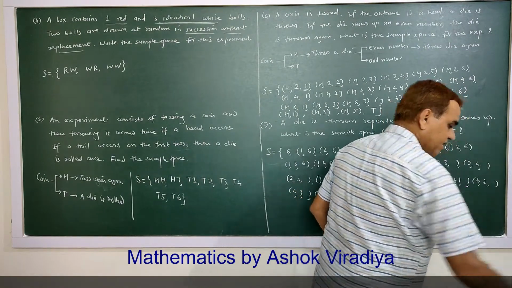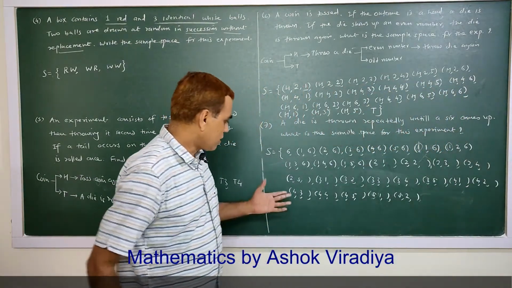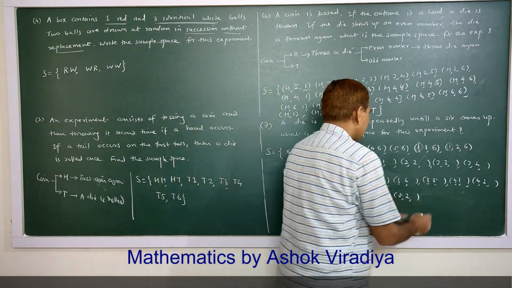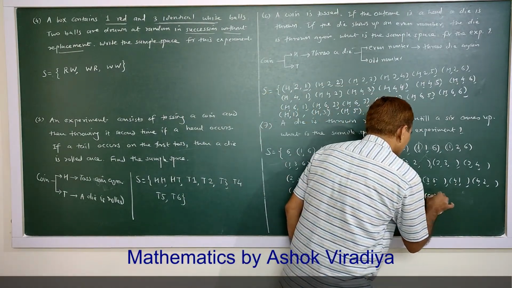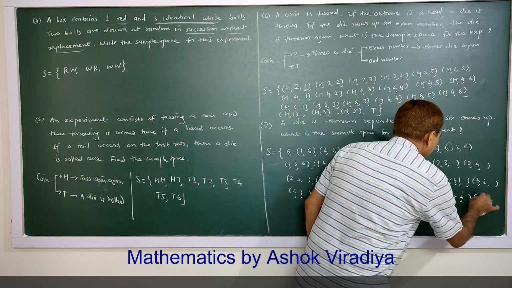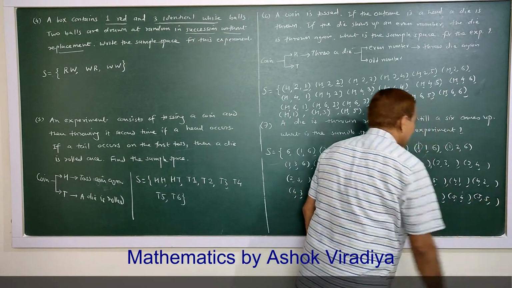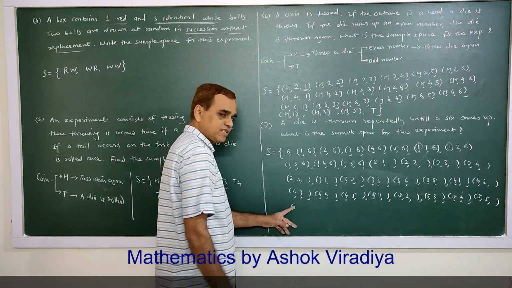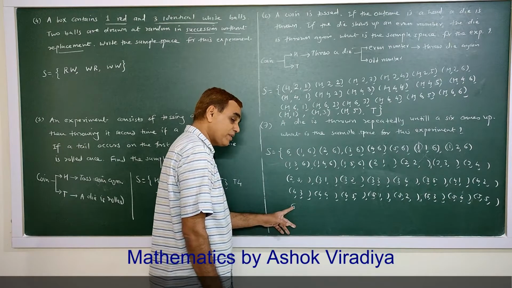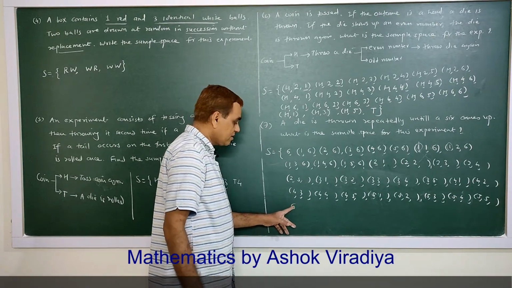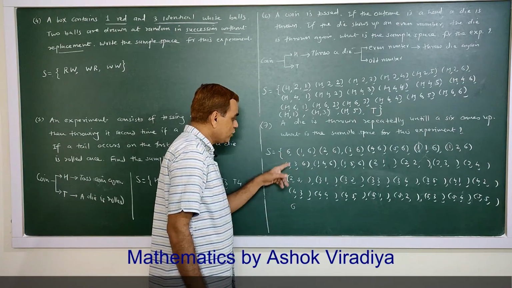This is the trick if we don't want to miss any outcome. Then don't start a pair with 6, because if 6 is obtained on the first toss, then the procedure is over, already included.